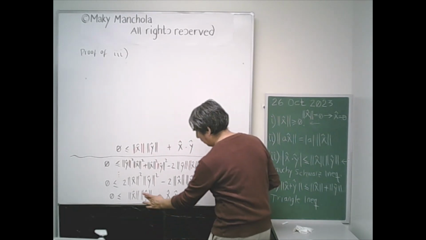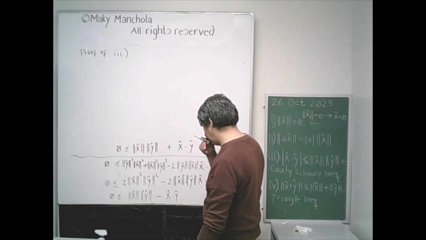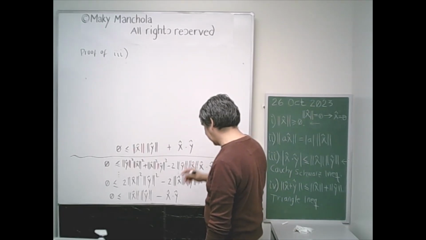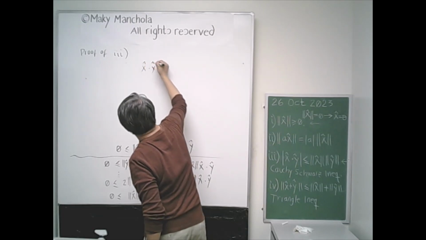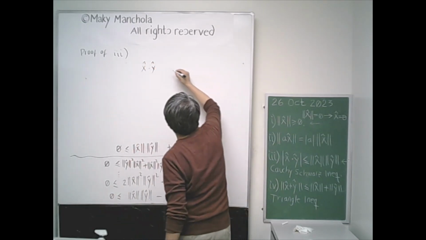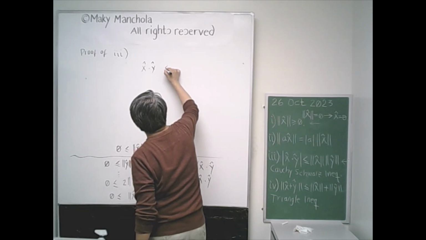So let me write this one first. So here I get that the dot product of x hat, y hat, if I move it over there, is less or equal.